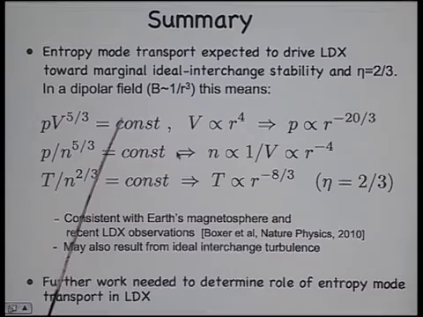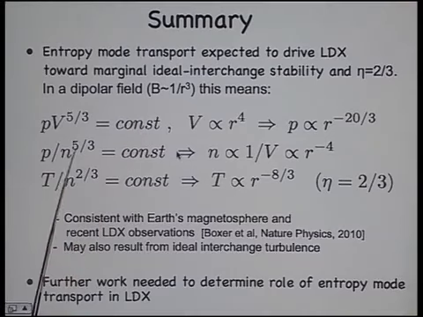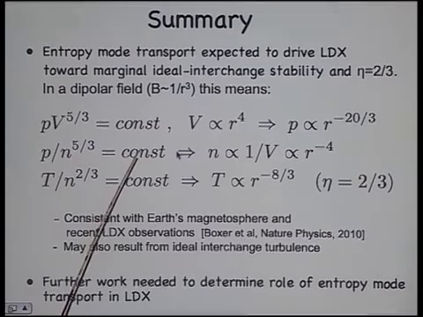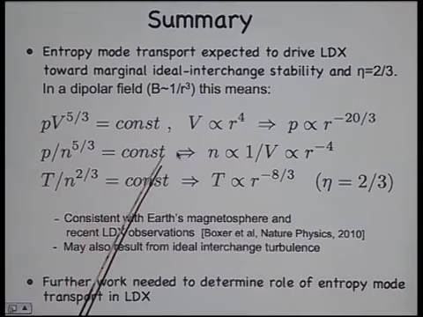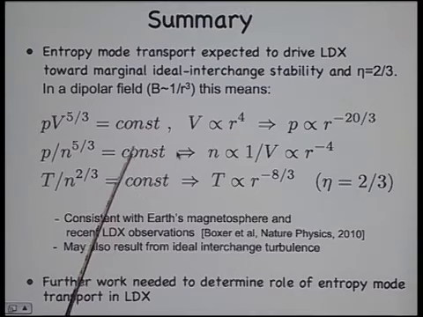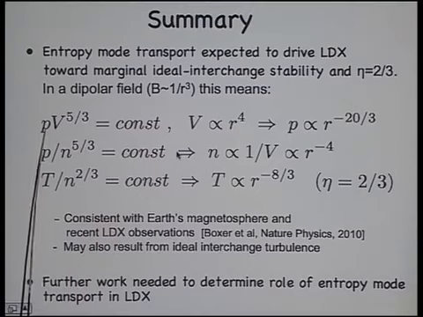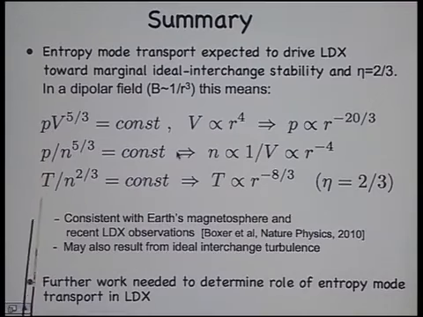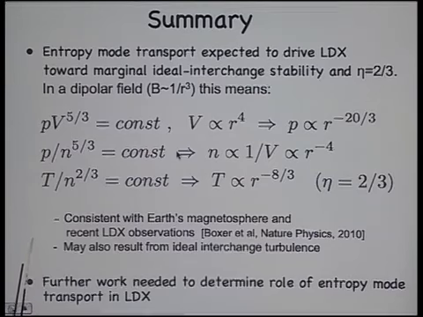Now, in a dipolar field, just to be more specific, you can show that ideal stability, that's sort of that vertical line I was referring to earlier, corresponds to PV^γ equal to a constant, where V is the volume of a flux tube of a given fixed amount of flux.